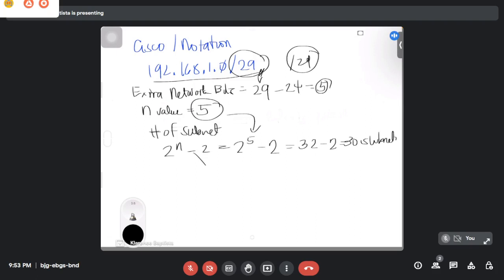And then, after that, same lang din po na gagawin natin, we get the number of hosts. So, 2 raised to h minus 2. So, dahil 5 po ito, 8 bits po ang meron sa host, ang natitira na lang would be 3. Di ba? So, 2 raised to 3 minus 2 is 8 minus 2 is equals to 6 hosts per network.